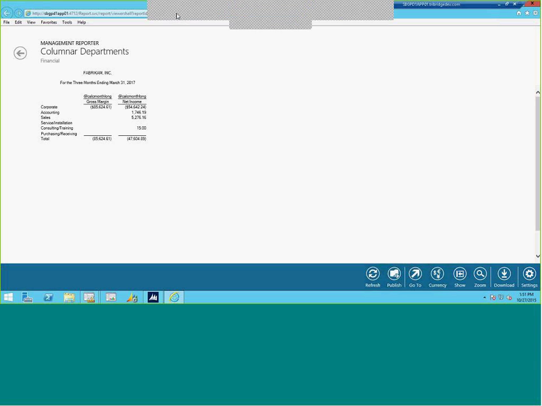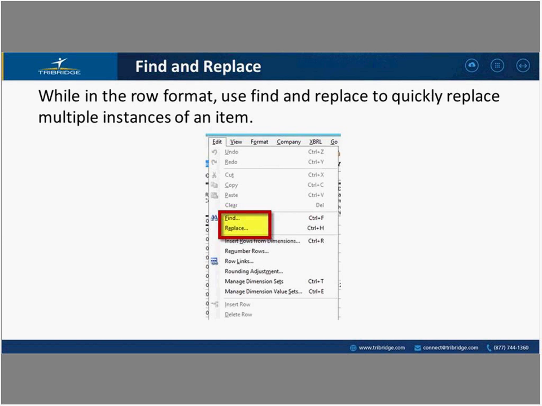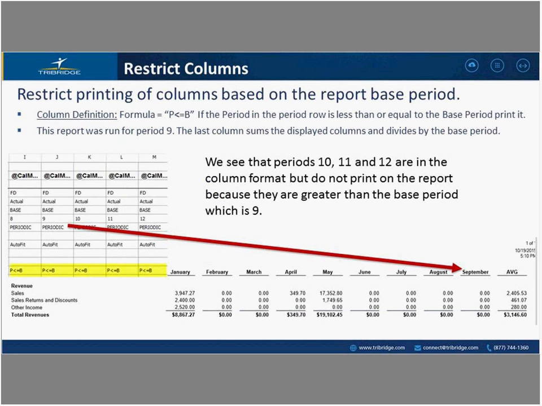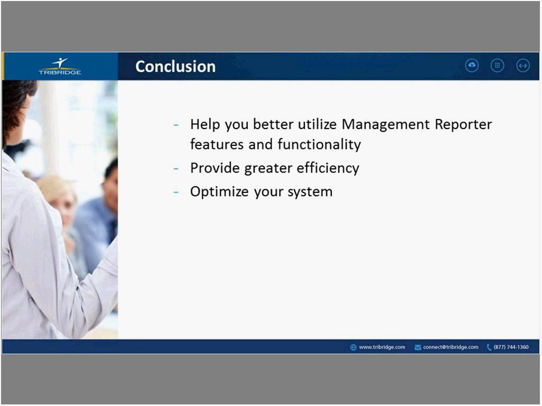Back to my slides. Like I said, I was toggling back and forth. Click through to the end here. So that is the end of the Management Reporter demonstration. Hopefully there are some cool features that you'll be able to take away from this and use in building your reports, or perhaps perfecting some of the reports that you already have.